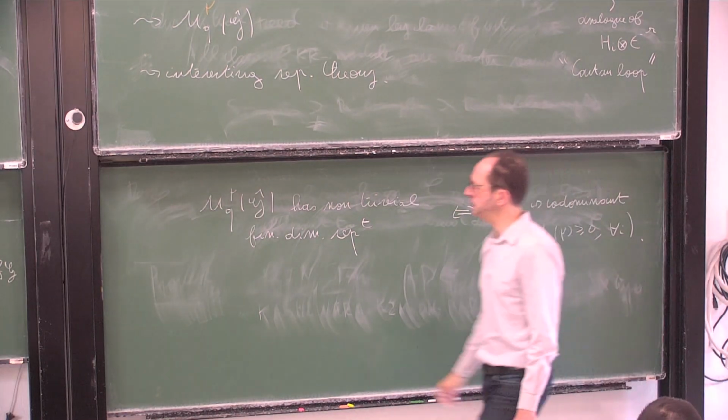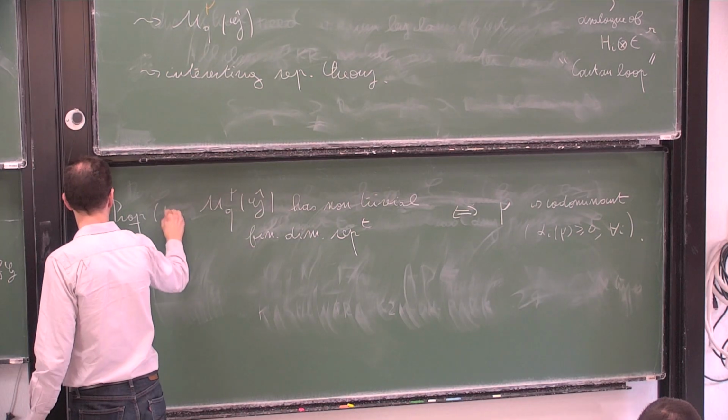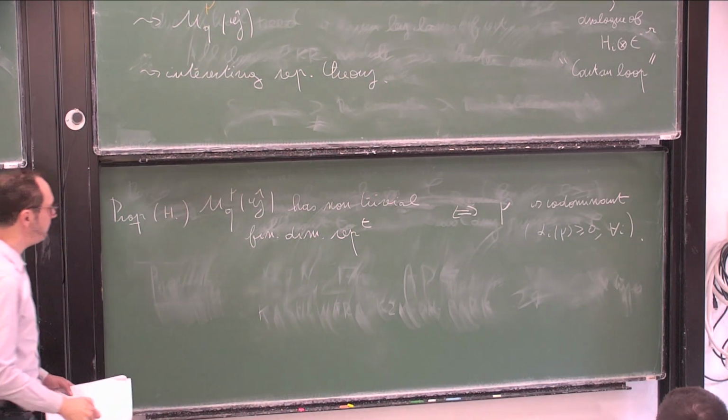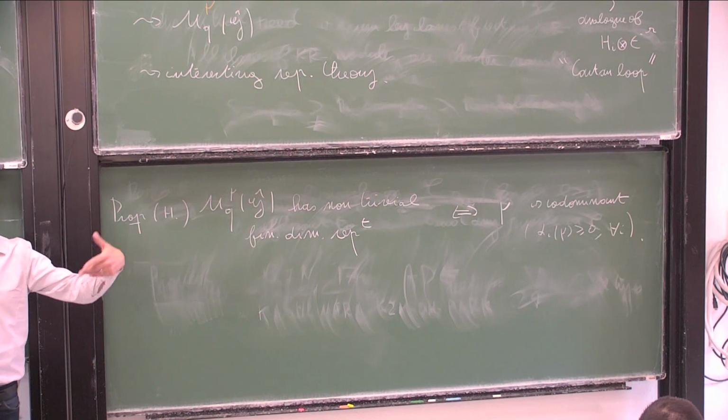Okay, so that's a property that I had established. So it means that there are new finite dimensional modules when μ is not 0.